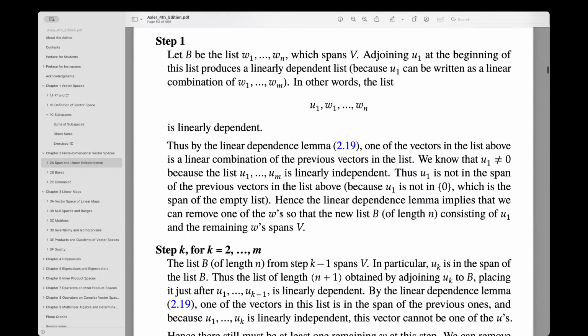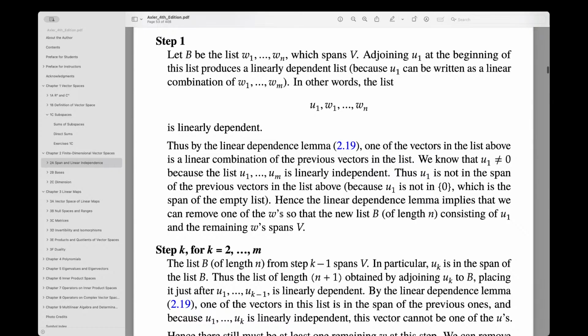None of these u_i's would get kicked out, because each of the u_i's is linearly independent, and those would need to have 0 coefficients.